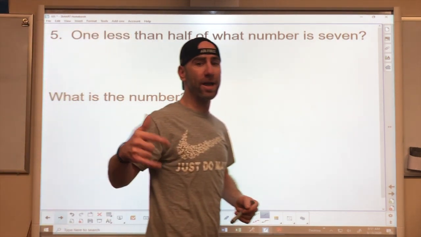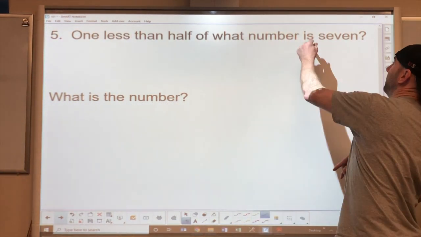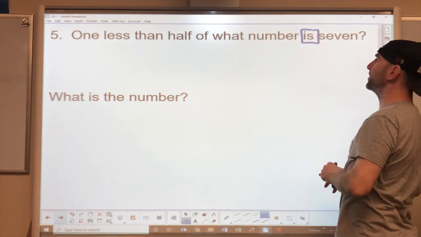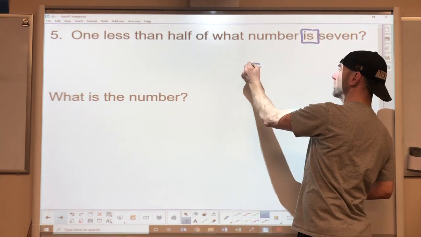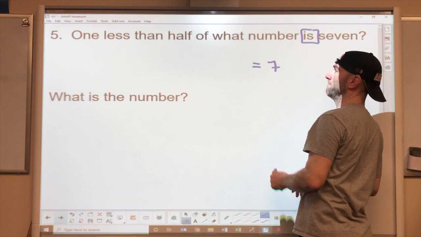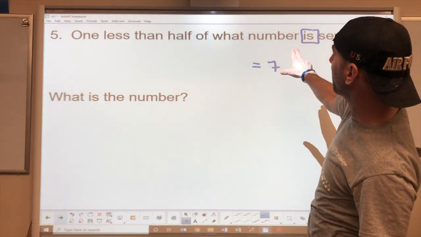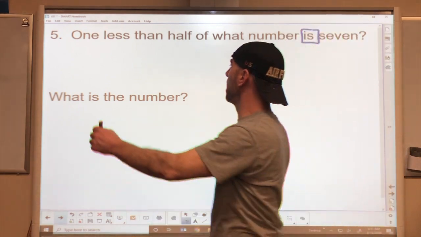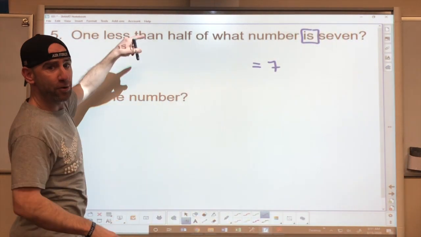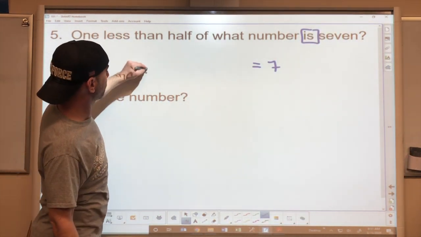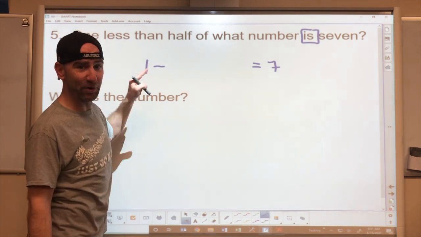All right, here we go. Is. Right here. Box it up. There's your break. So equals 7. Okay, here we go. 1 less than half of what number? All right, so 1 less than, you might be tempted to do like this, 1 minus. That's incorrect.